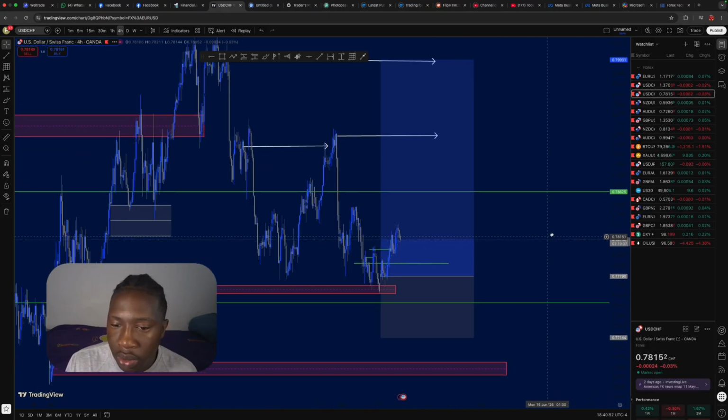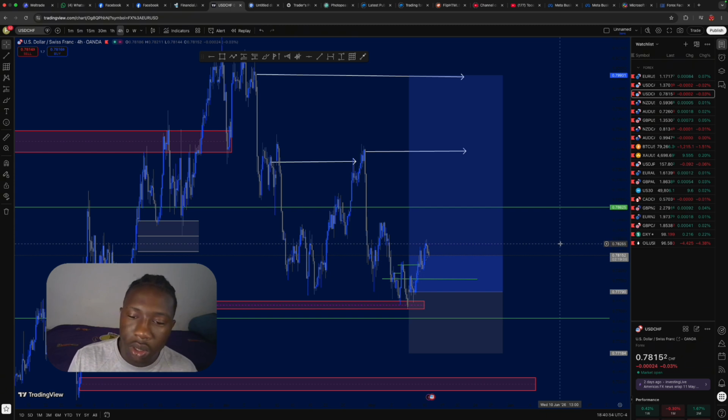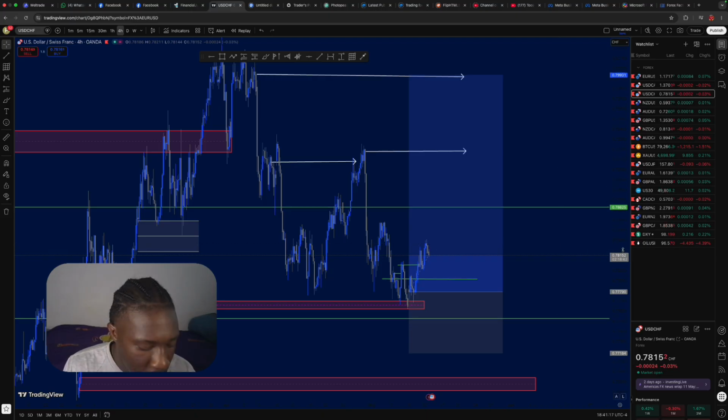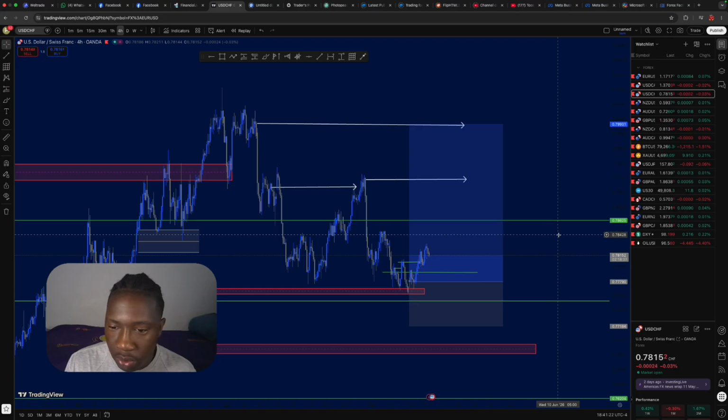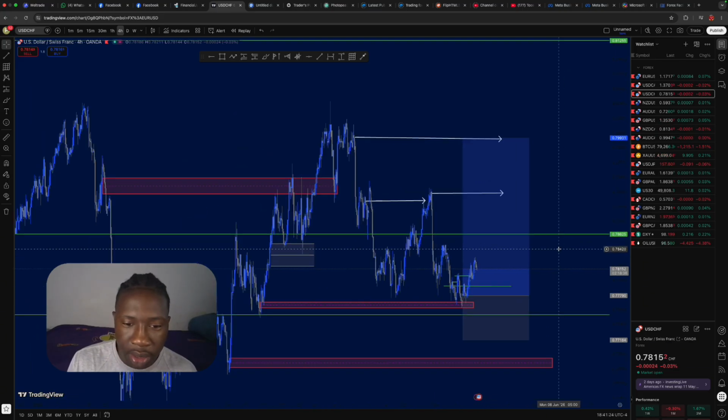USD CHF. We are still in our trade, and we have confidence that the market is going to keep on going high, keep on going high. So we are just holding our trade on this USD and it has a good movement to the upper side like this.